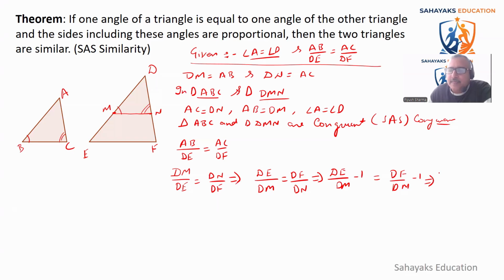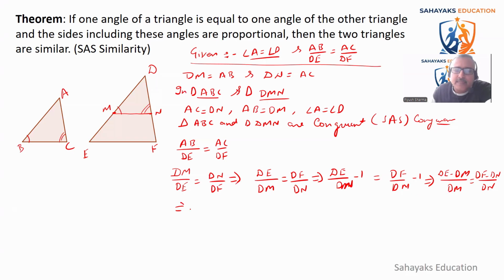What does it imply? It implies DE minus DM by DM equals DF minus DN by DN. Now we know DE minus DM. What is DE minus DM? DE minus DM is EM.